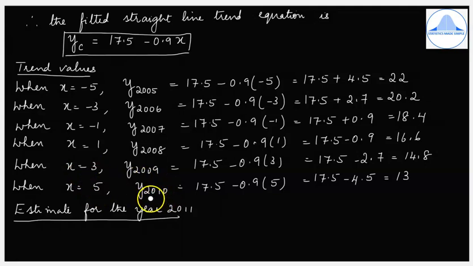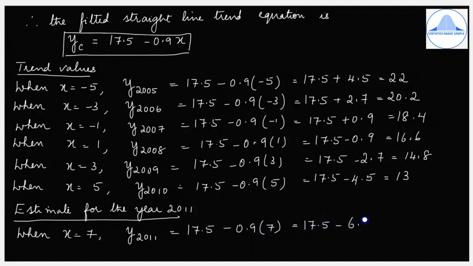So it means that for the year 2011, the value of x will be 7. So when x is equal to 7, y 2011 is equal to 17.5 minus 0.9 into 7, which is 17.5 minus 6.3. So the estimate is 11.2.